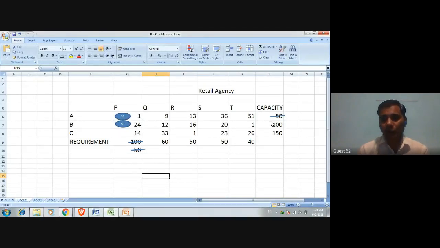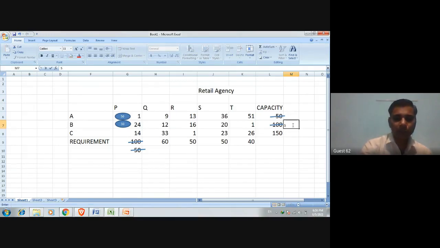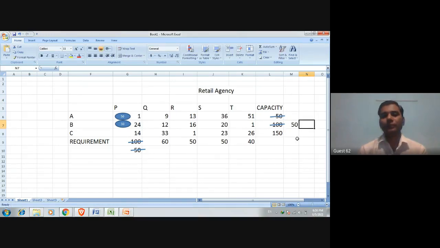So how many units are left with the warehouse B? That will be 50 units. Why? Because we have already allocated 50 units to P from the warehouse B. So here 50 units will be left. Okay. So this is written down here.